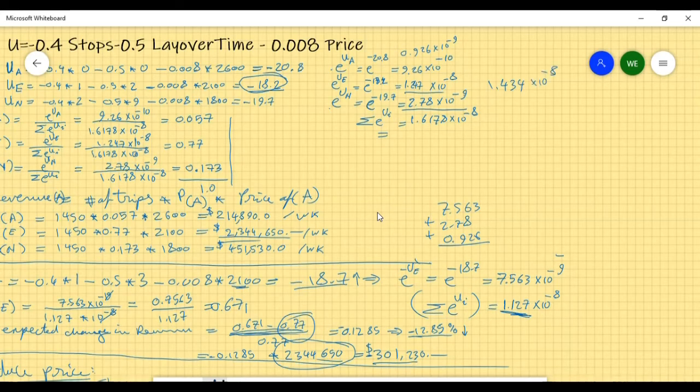So basically the sum of e to the power equals 1.6178 plus 1.434 minus 1.247. It will be 1.8048 multiplied by 10 to the power minus 8.